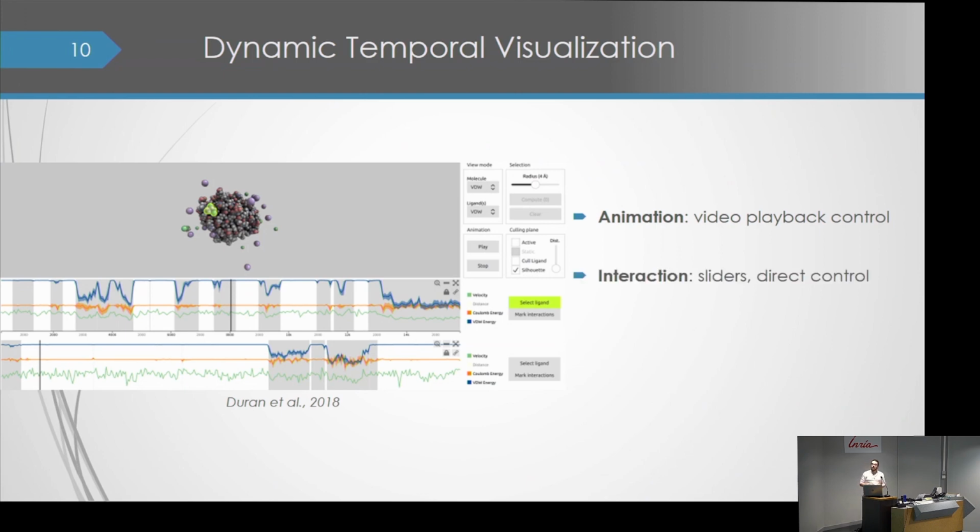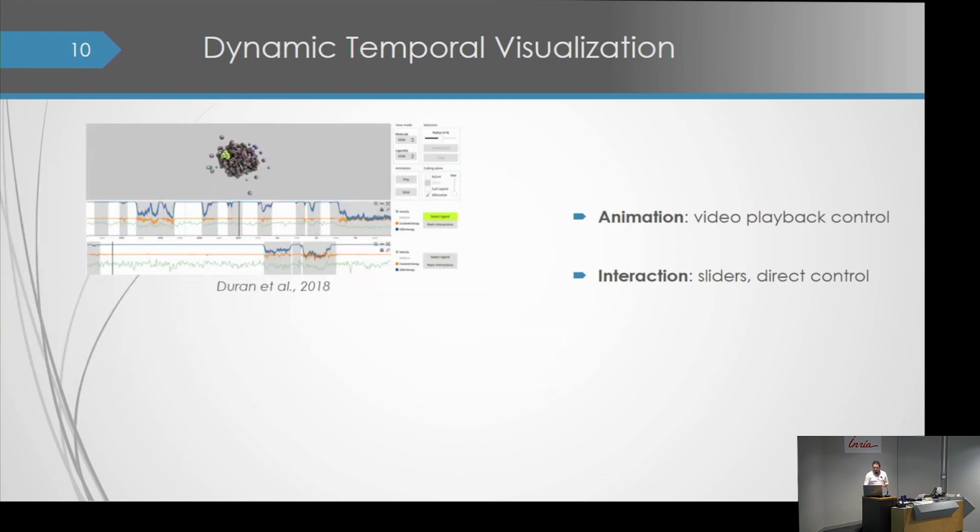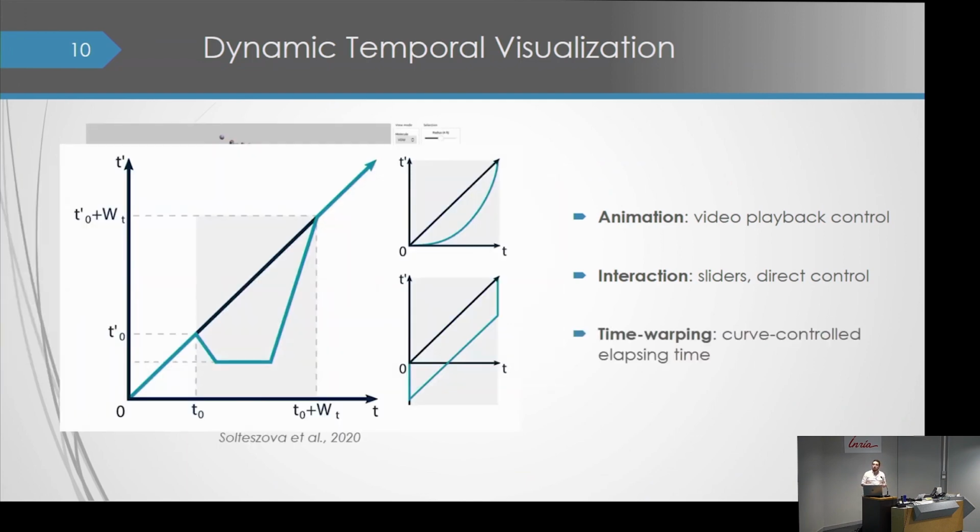Other dynamic methods can rely on interaction, where the goal is to have direct control over the current time with, for example, sliders, as in the two graphs beneath the 3D view. Here, the user can just move the slider to explore time. One last method for dynamic methods relies on what we call time warping.